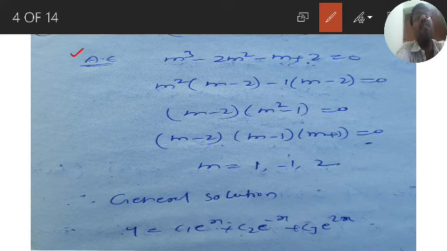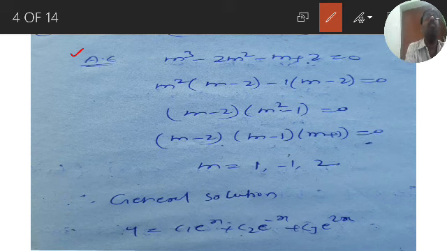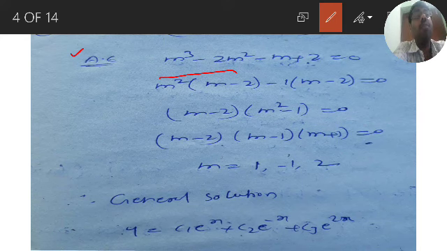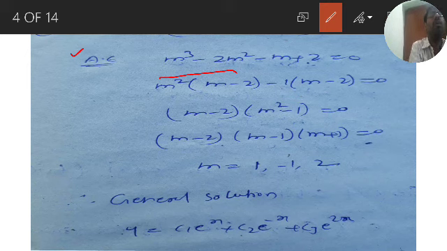The auxiliary equation is m cube minus 2m square minus m plus 2 is equal to 0. From the first two terms, take m square common: from m cube, m square common means m, and from minus 2m square, m square common means minus 2. So taking m square common, you get m minus 2, and from the next two terms, take minus 1 common, you get m minus 2 is equal to 0.